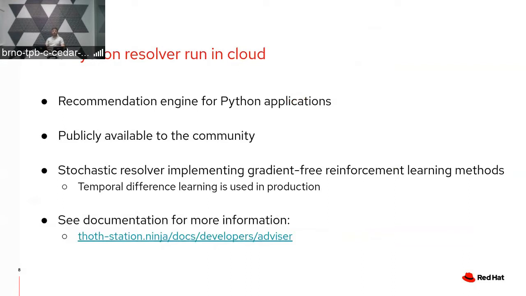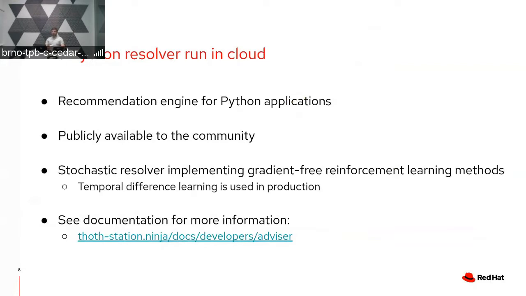So we will take a look at how to configure your environment so that the resolver can be contacted from clients' machines, and how the resolver resolves application dependencies. As the resolver itself is picking the right software for clients, it can be seen more like a recommendation engine for Python applications, as it considers, for example, also what libraries users are using and adjusts requirements of the Python Cloud Resolver that are resolved by the public cloud resolver accordingly.